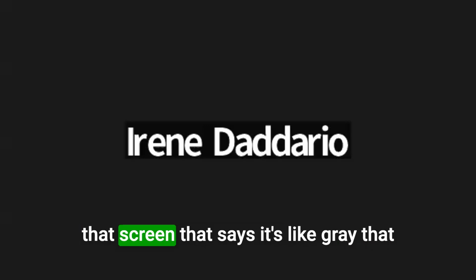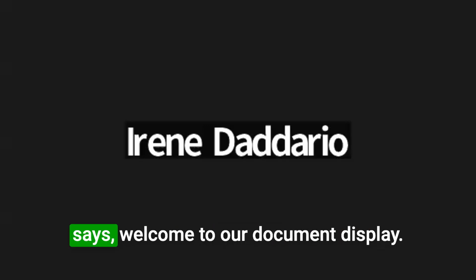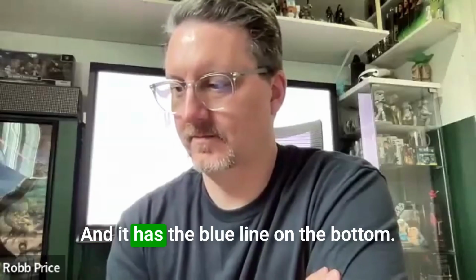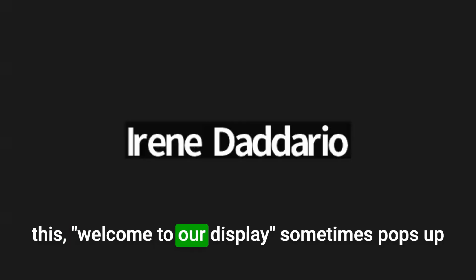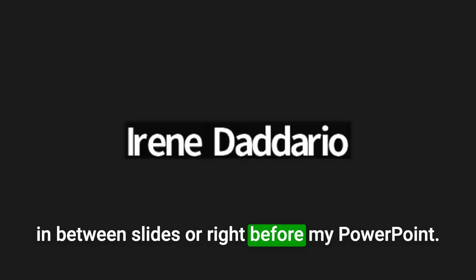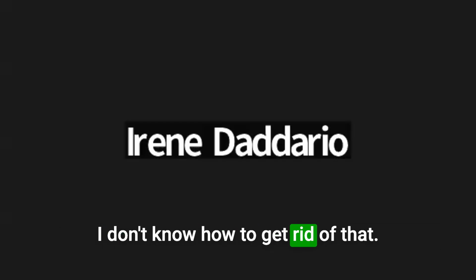And then I have that screen that says, it's like gray, that says, welcome to our document display. And it has the blue line on the bottom. After I add it, if I go look on the screen, this welcome to our display sometimes pops up in between slides or right before my PowerPoint. I don't know how to get rid of it.